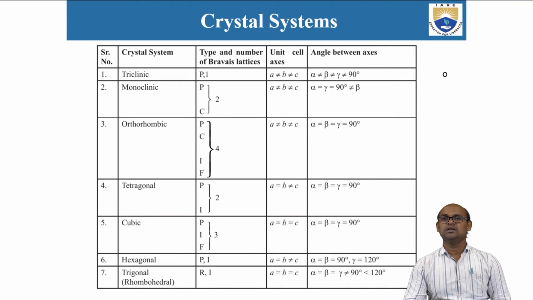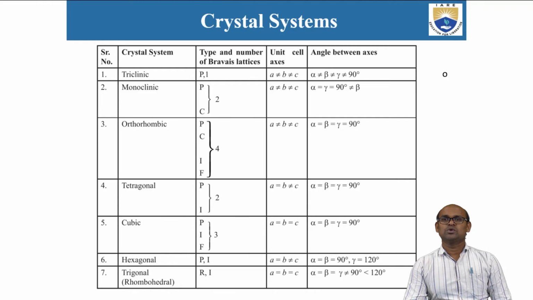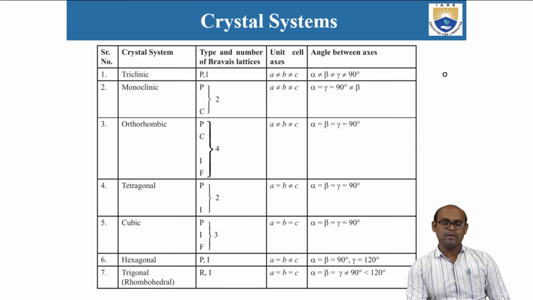All together it is given here in a tabular format, right? For the triclinic crystal system, you have the type and number of Bravais lattices. You have only one primitive lattice in the triclinic crystal system, and unit cell axes A is not equal to B is not equal to C. The angles between the axes, alpha, beta, gamma, are not perpendicular to each other, so they are not equal to 90 degrees.